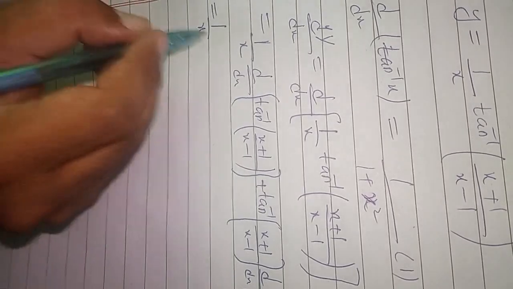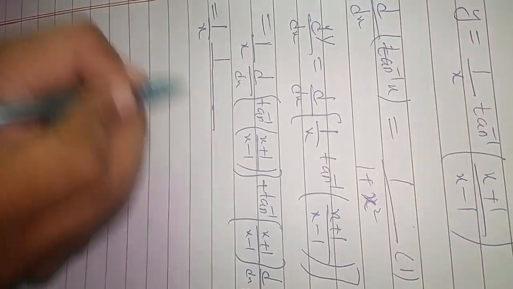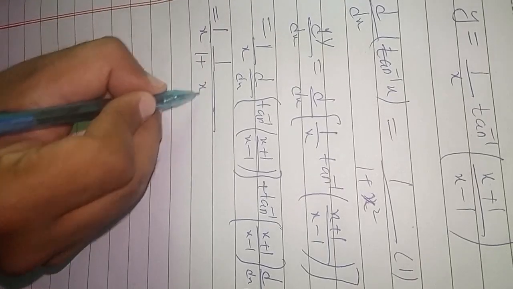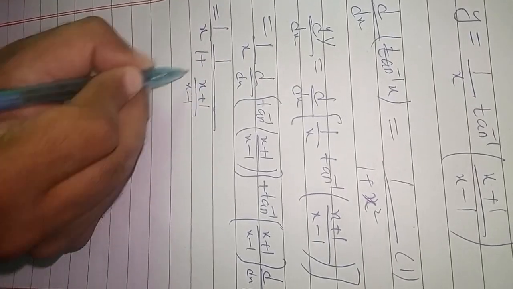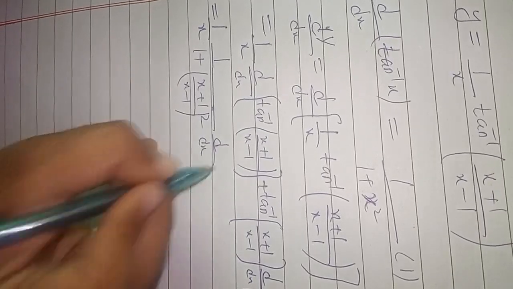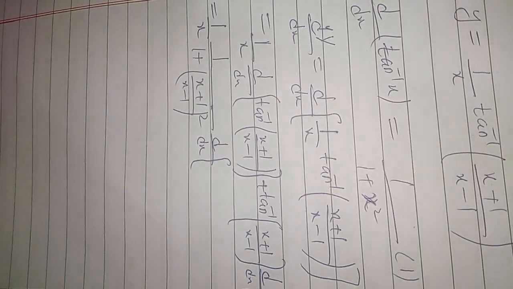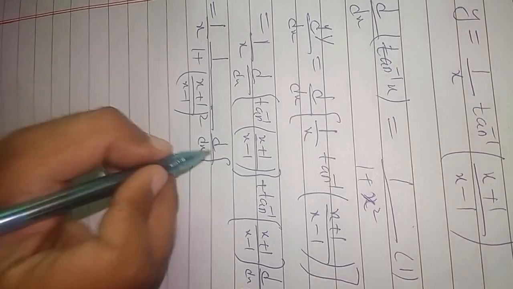The tangent inverse is an inverse function, and we are going to take 1 over 1 plus x plus 1 over x minus 1 whole square, and then we will take the derivative of the angle of the tangent inverse.